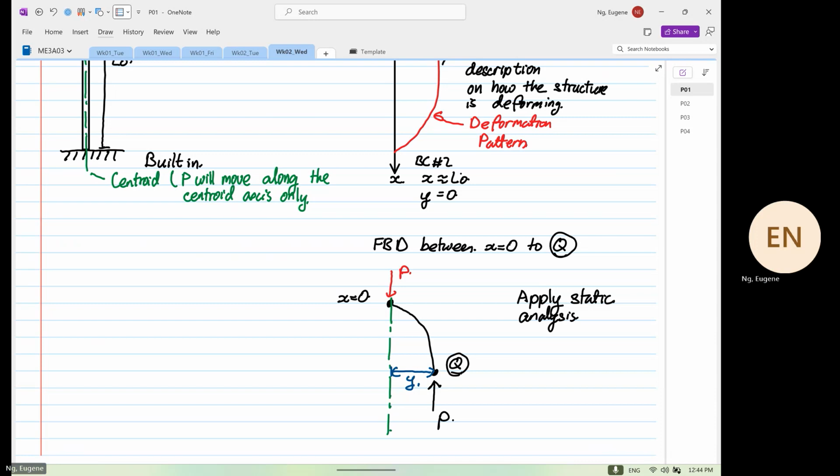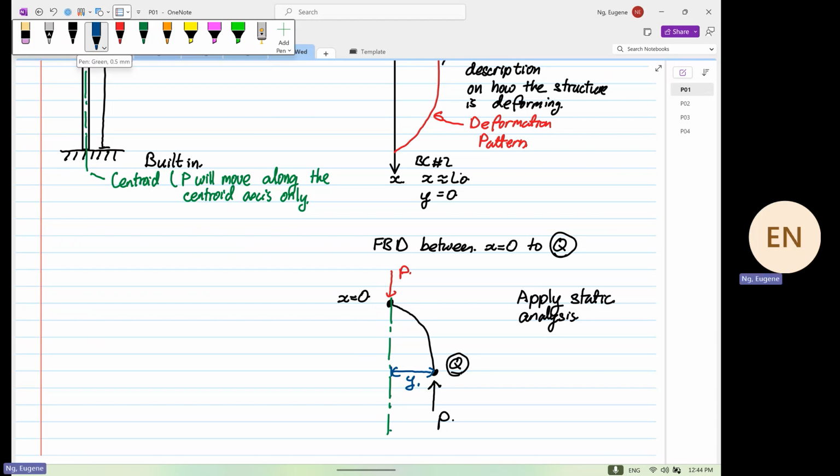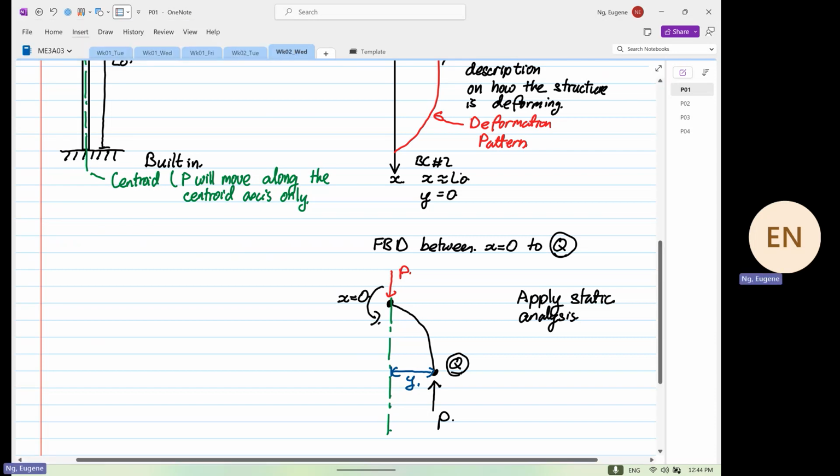Y. So relative to the centroid, there will be a moment acting in this direction. Or at point naught, there's a moment acting in this direction. And let me change the color, I do apologize. There is a moment acting in this direction.